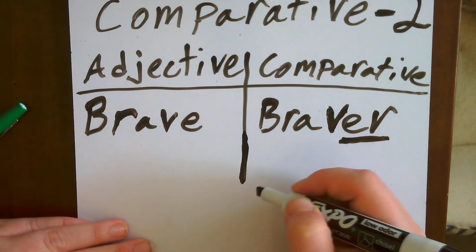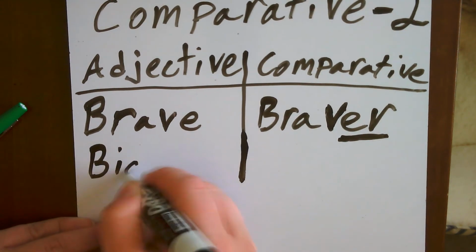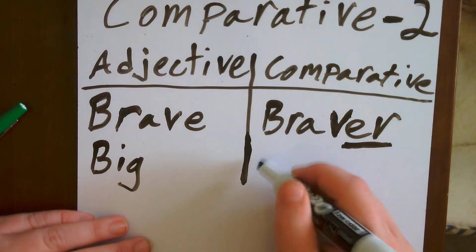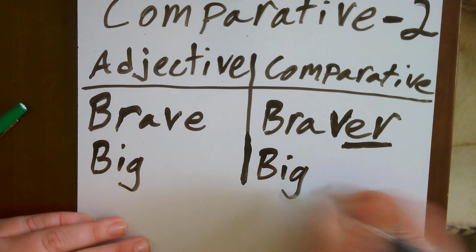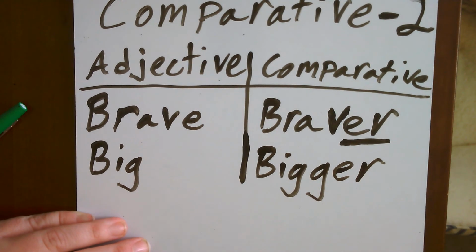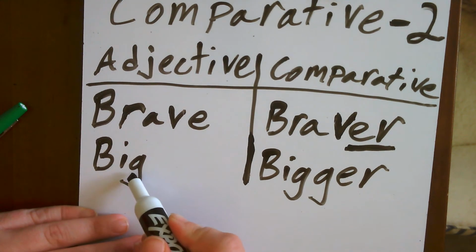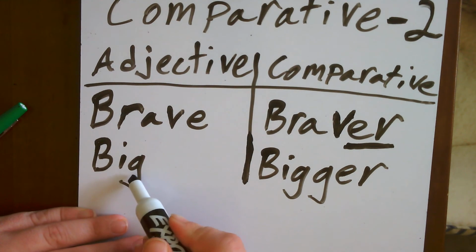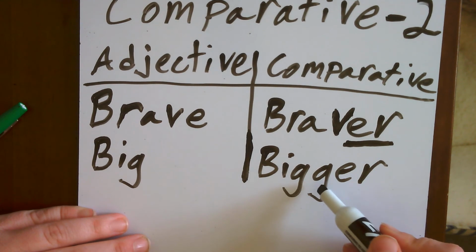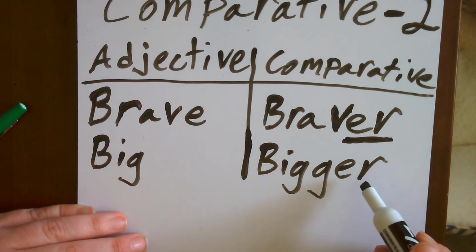Let's do one more. What about big? Let's stay with our B's. Briar is bigger than Luca. Now, I want you to notice what I did here. At the end of the word big, we have a consonant, G. Now, to make it into its comparative form, we're going to add another G before we do our ER.